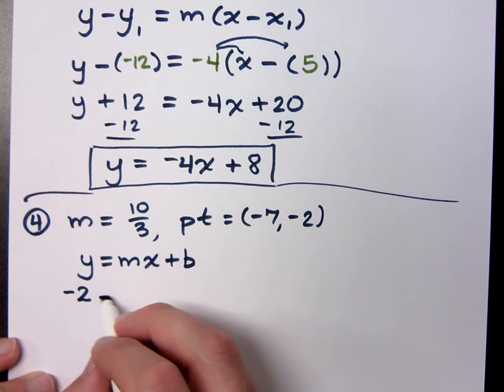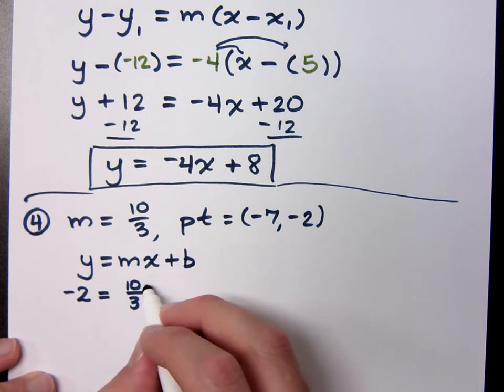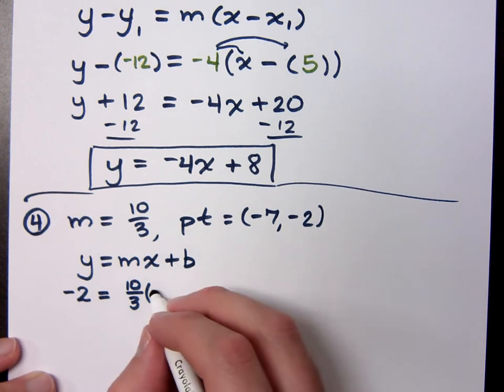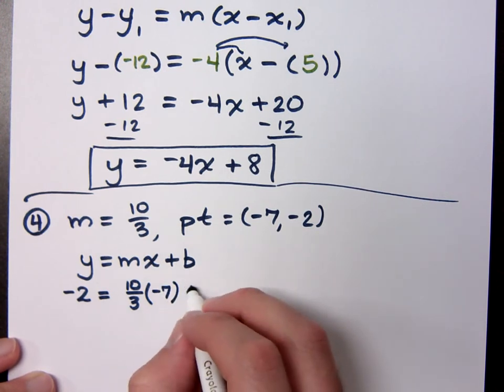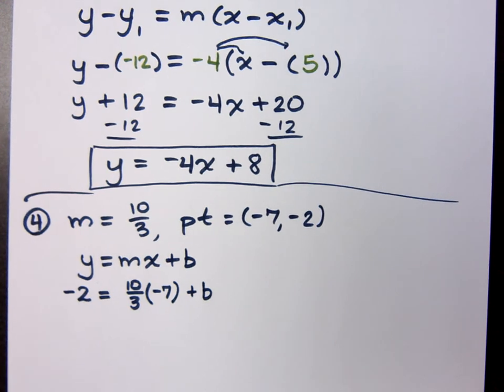So what does it look like? I get -2 is equal to 10/3 times, not x, because we're going to replace the x by the x coordinate here, -7, plus b. Remember, the b is what we're looking for. B is for that y-intercept, and I don't have the y-intercept.